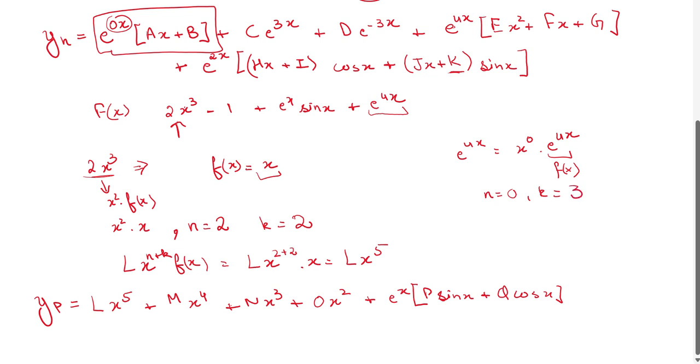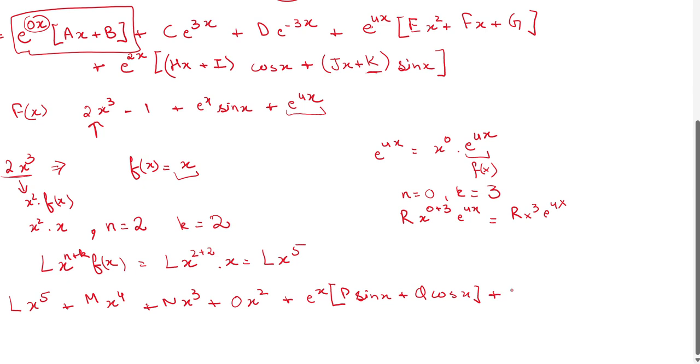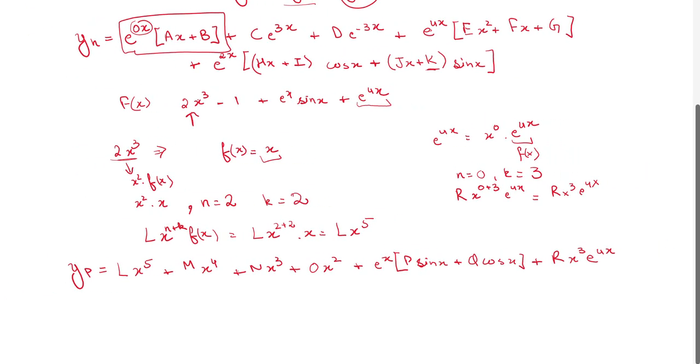So I'll just write r x raised to the power n plus k, 0 plus 3, times f of x. So r x cubed e to the 4x. Now there needs to be some x squared term, but it is already included in the homogeneous equation. So all I need is this term, and the particular solution is done.